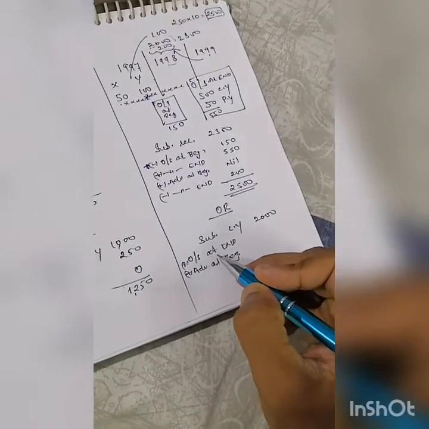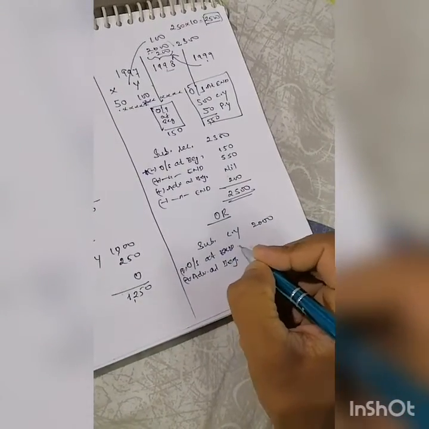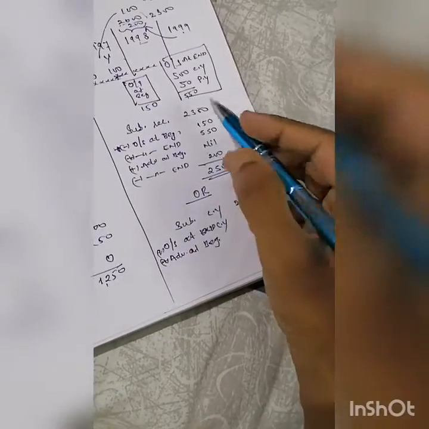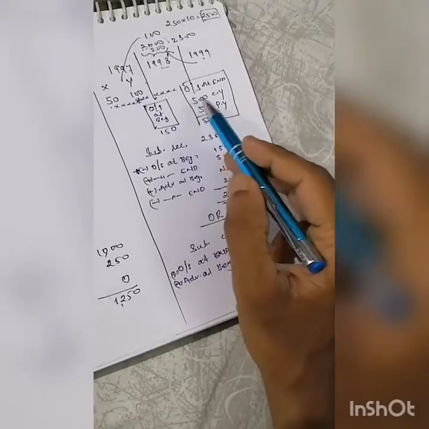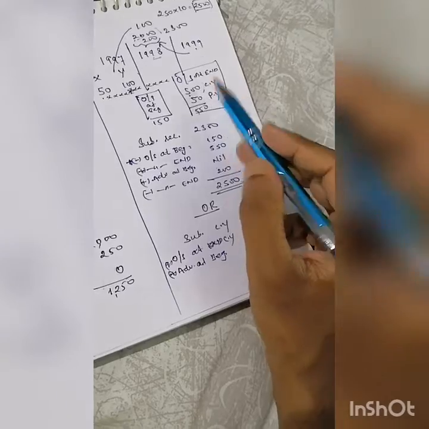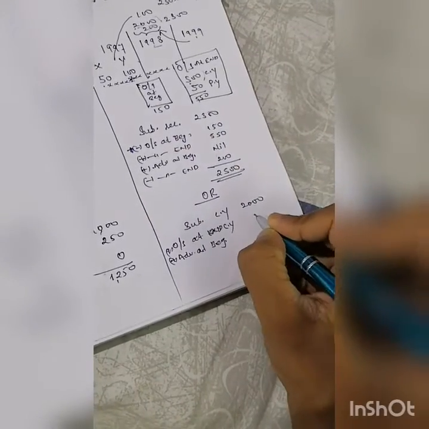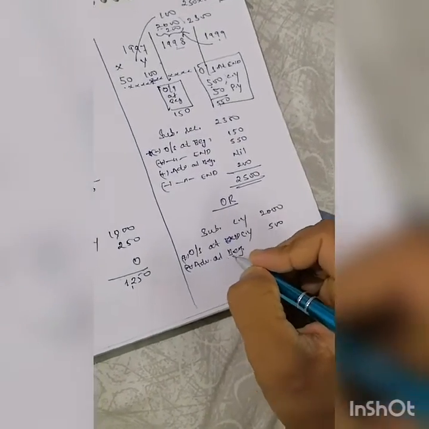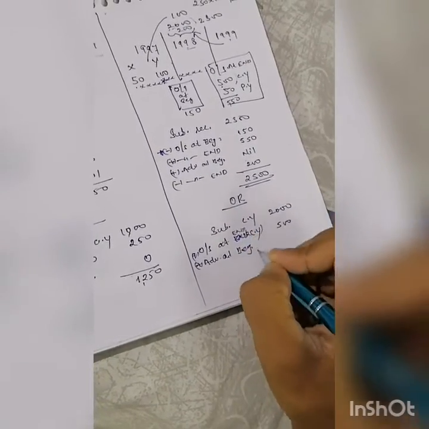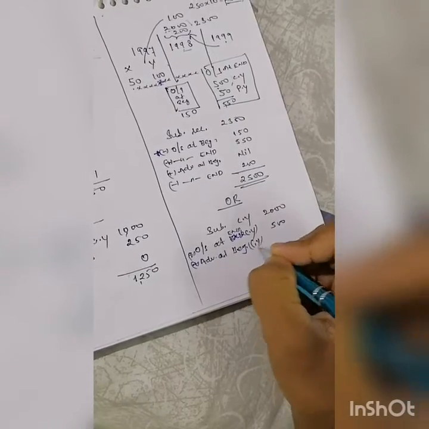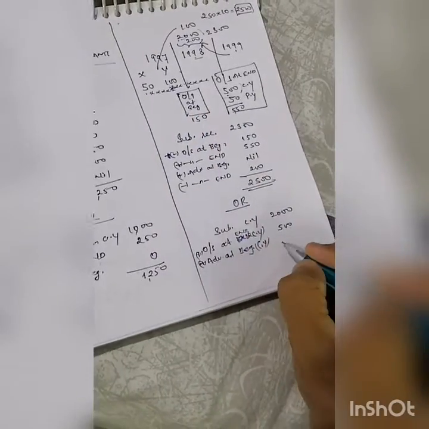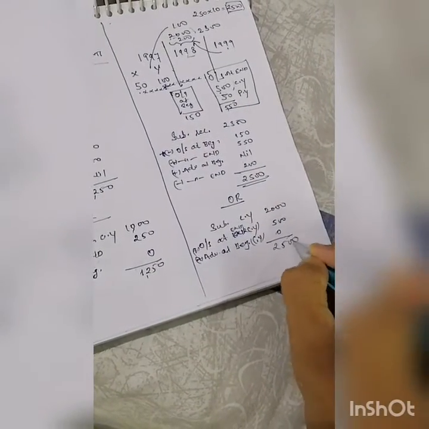And the outstanding of the current year we have calculated as 500, out of which 50 is for the previous year, so we write the current year amount 500. And advance at the end of the current year. There is no advance at beginning, so it is 0, so it is 2500.